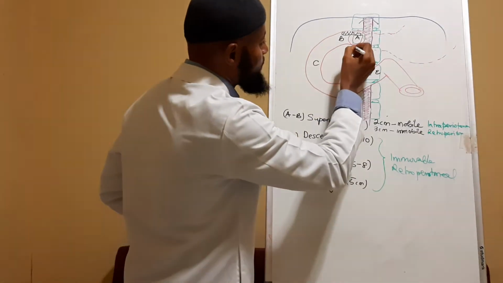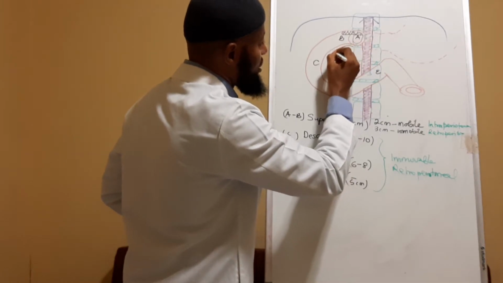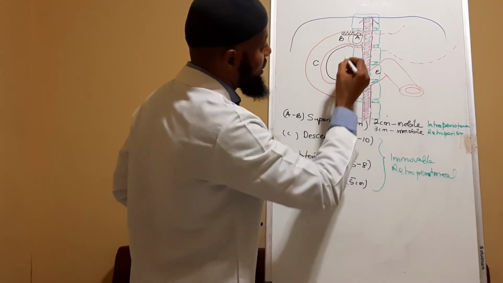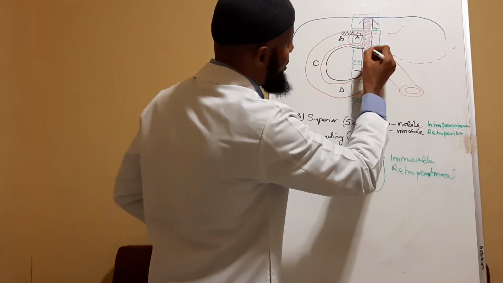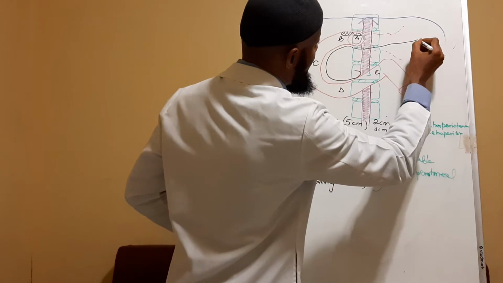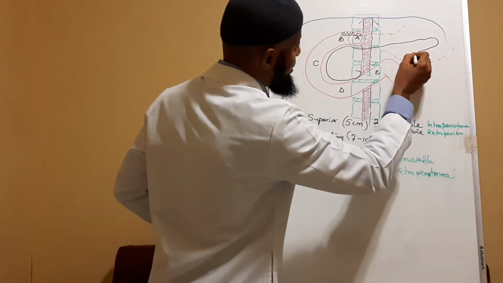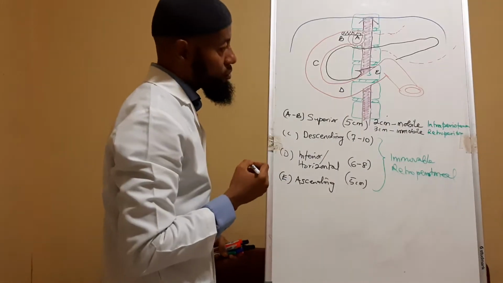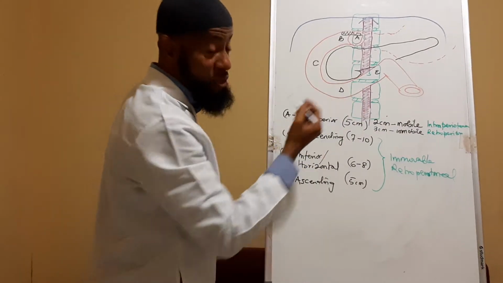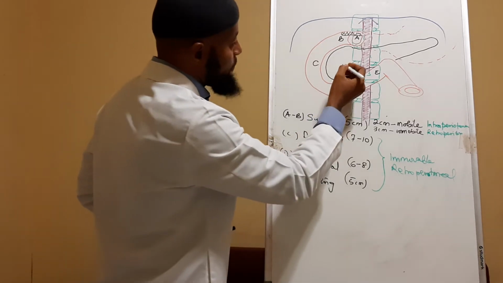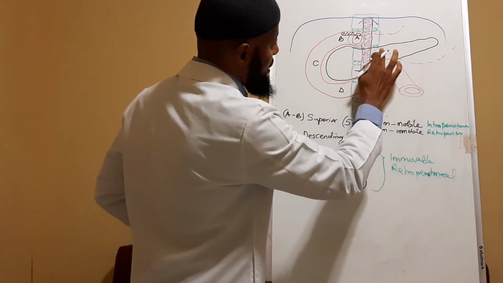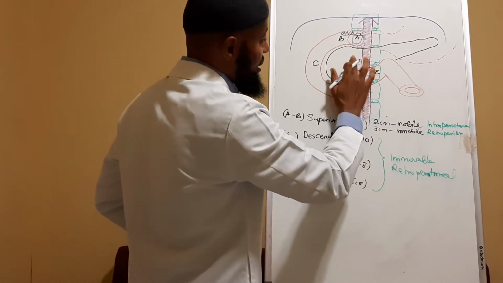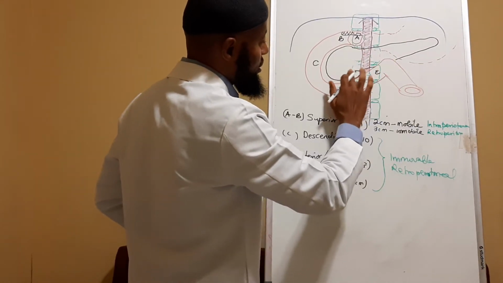So that's your pancreas, extending all the way there. That's the uncinate process of the pancreas. I'm going to take this off because the pancreas is covering the whole of this. So let me take this off a little bit.